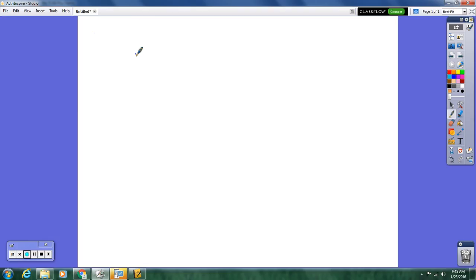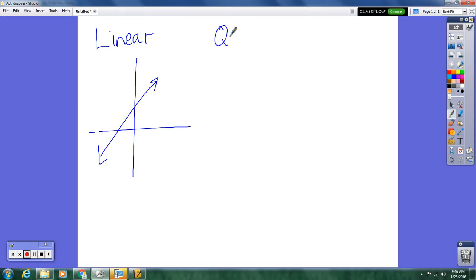Alright, if you want any notes in your actual notebook, have that ready here. We're talking about linear, quadratic, and exponentials. Remember, linear just means it is a straight line, no matter what it is. Quadratic, what does it look like?